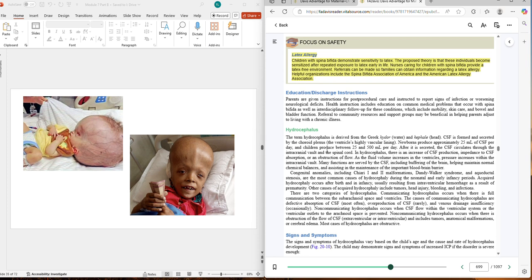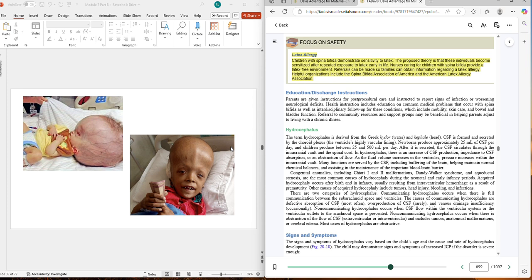And now hydrocephalus. So this is derived from a Greek word hydro, which is water. And then kephal is head, or cephal, however you want to say it. I think it started out as kephal, but so hydro is water, hydrocephalus. So they used to call these babies the waterhead babies.